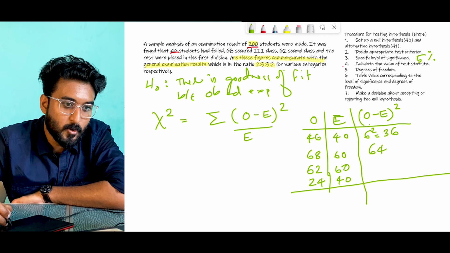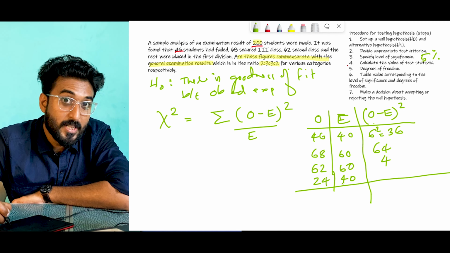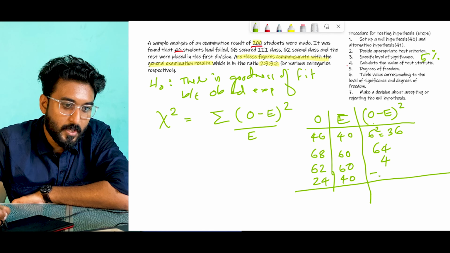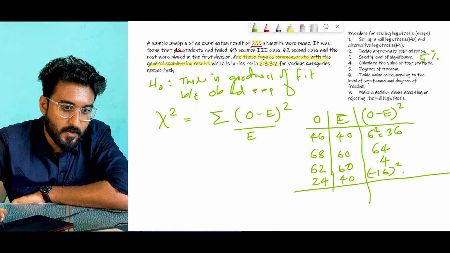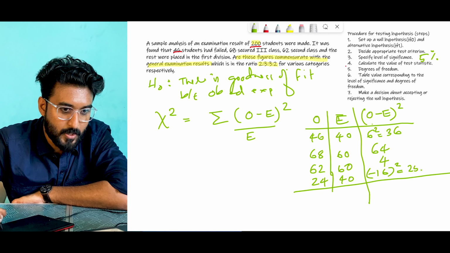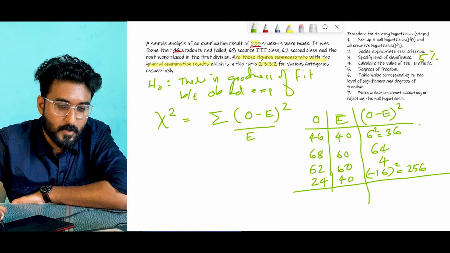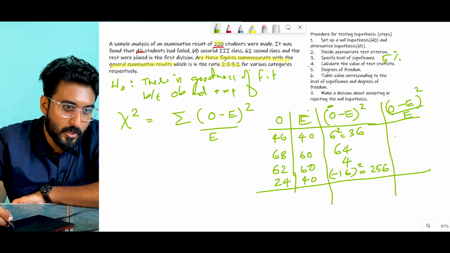Similarly, 62 minus 60 is 2, and 2 square is equal to 4. 24 minus 40, what is 24 minus 40? It is negative 16, and negative 16 square is equal to 256.